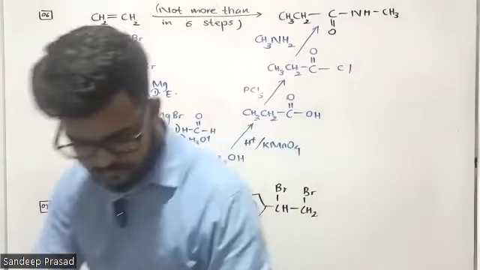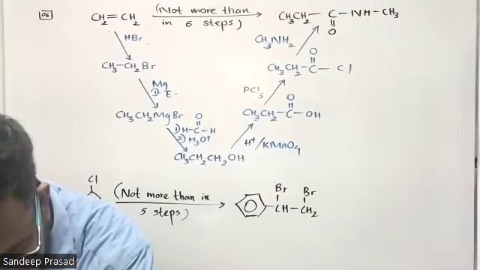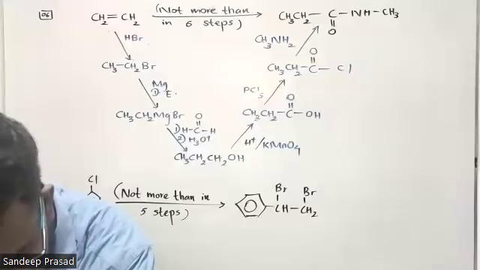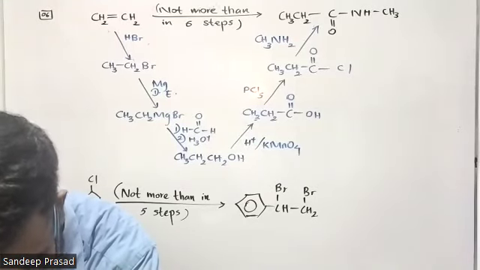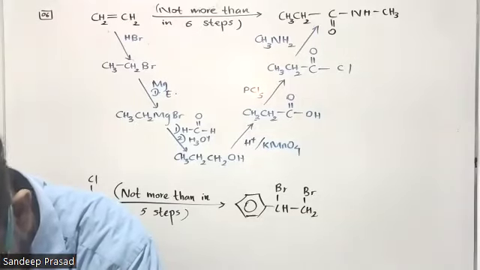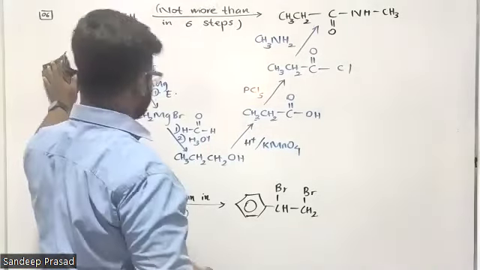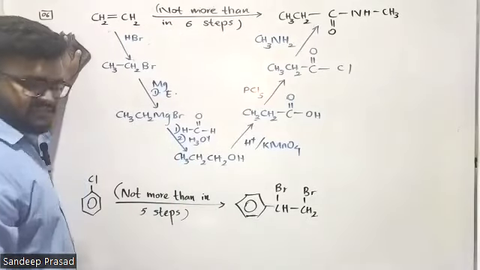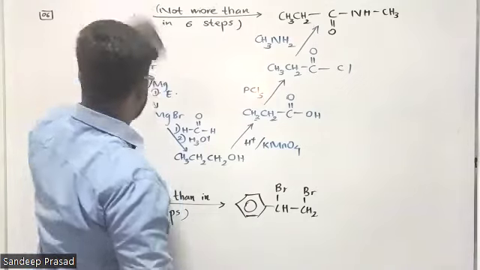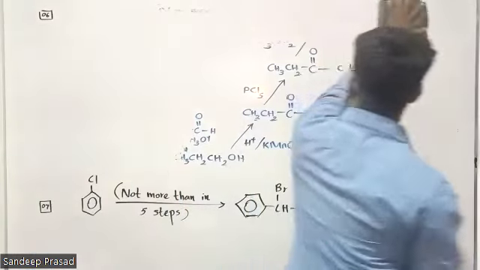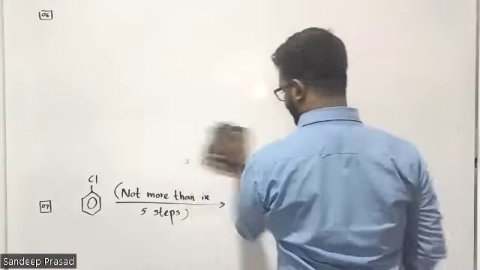Got the answer? Raise your hand if you got the answer. Asma, Dharanisha. Okay, very good. Since some of you have got the answer, I will do this one. Number 7, not more than in 5 steps. That means the maximum number of steps is 5.